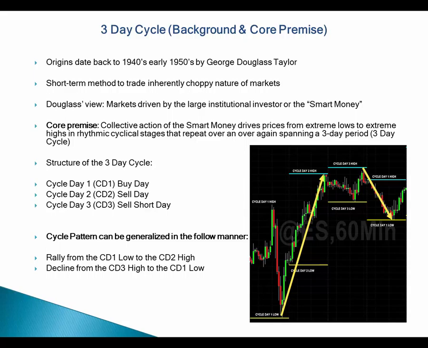So the 3-day cycle is essentially a short-term method to read the inherent choppiness of the markets. And again, a lot of times the markets can just seemingly go back and forth, oscillate without really any directional bias. The majority of the markets trend only about 30-35% of the time, and they're in balanced, range type conditions, or some people refer to them as choppy conditions, but that is actually the majority of the time.